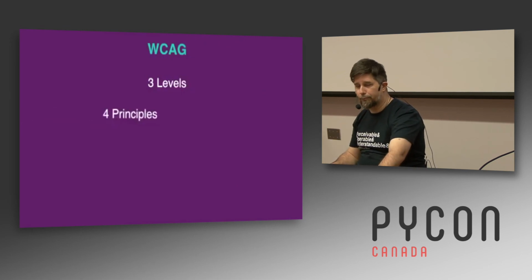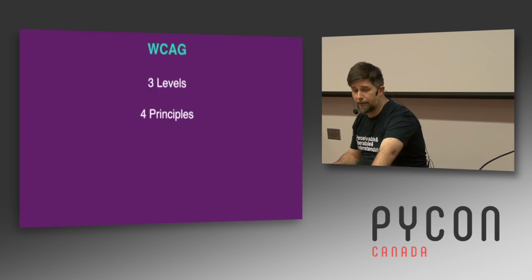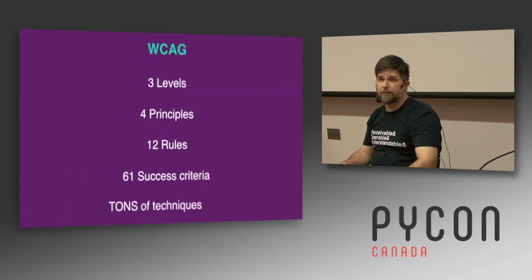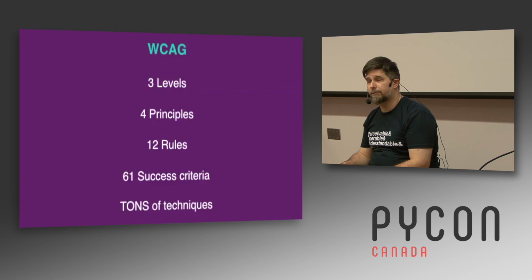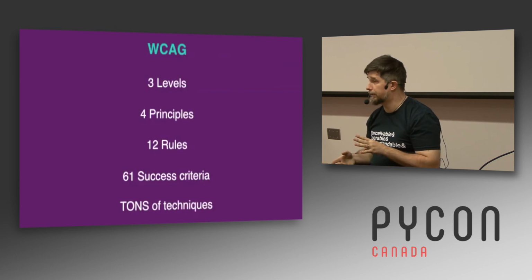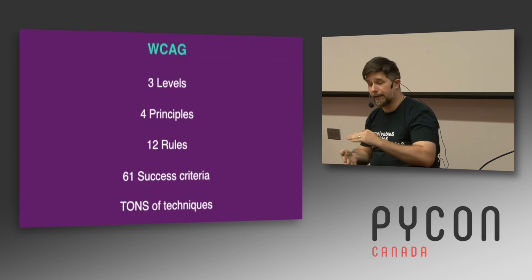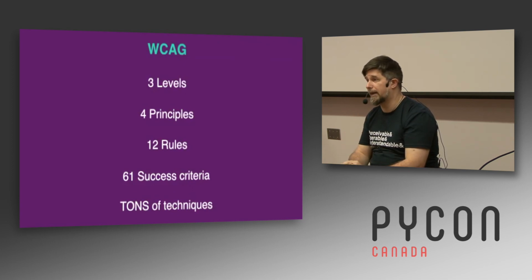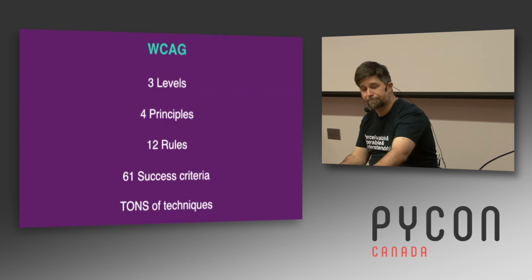We're talking about 4 principles, and I'll mention those in a little bit. We're talking about 12 rules. We're talking about 61 success criteria and a bazillion different techniques. If you were to print all of WCAG and associated technical documents, you would have a stack about this thick. It's impossible for anyone to know it all by heart. Just remember, it's there and you can refer to it.